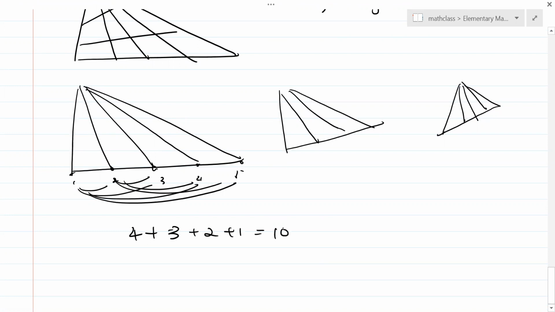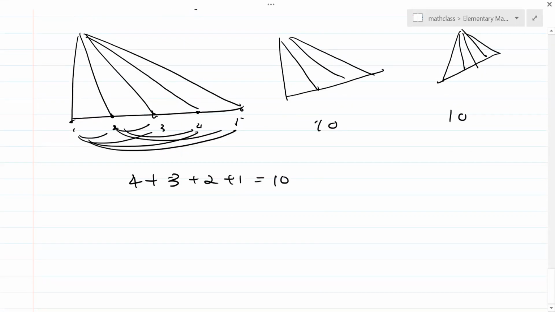It's 10, right? So each triangle you get 10 triangles. You have 3 different triangles here, so it's the same. So 10, 10. Add them together, right? 10 plus 10 plus 10 is going to be 30. Okay?